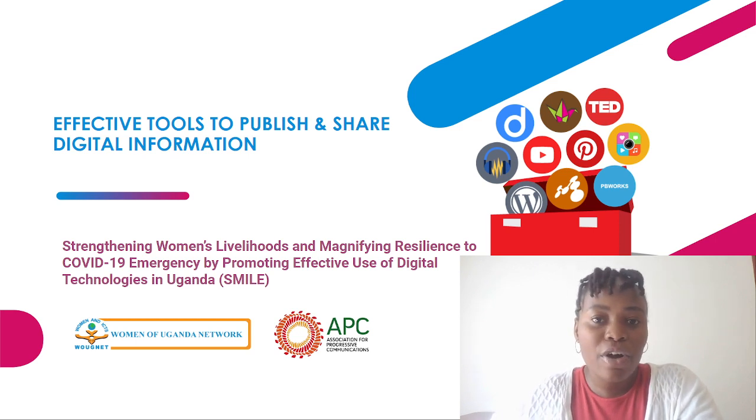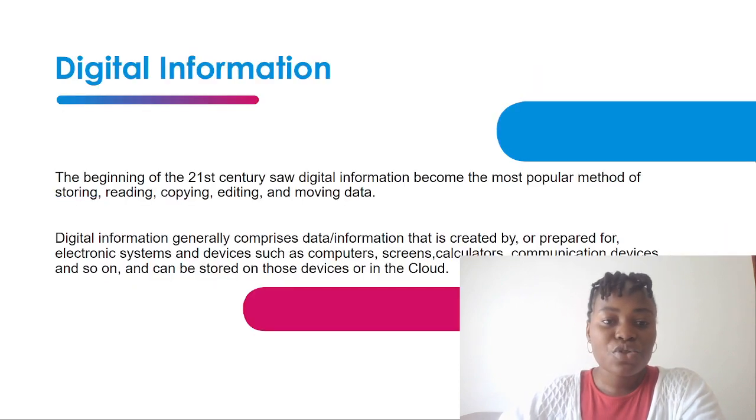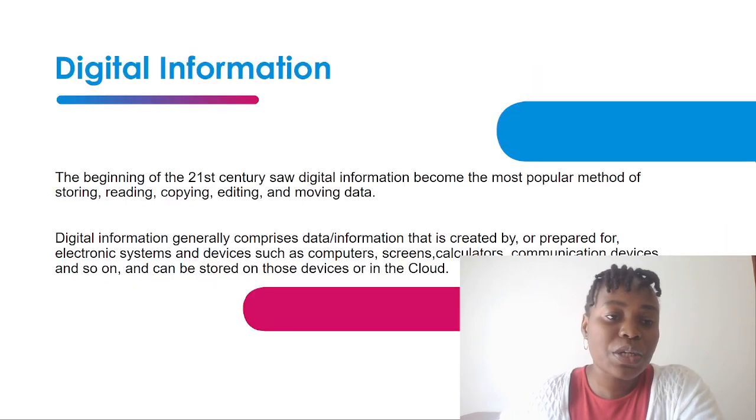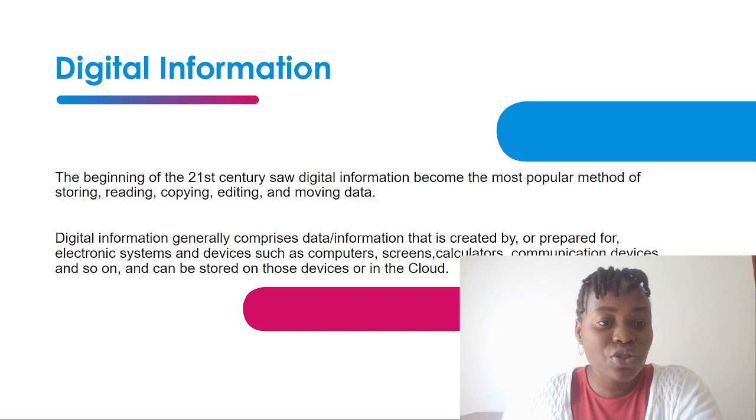Since the era now is mostly using the internet to share information, we looked at several tools that were convenient for us to publish information online. And to go straight into the presentation, we need to understand what digital information is.